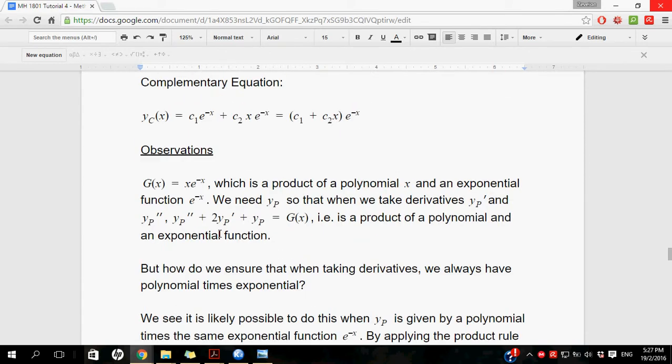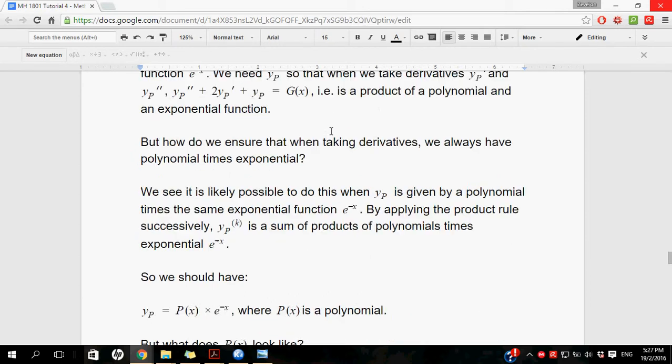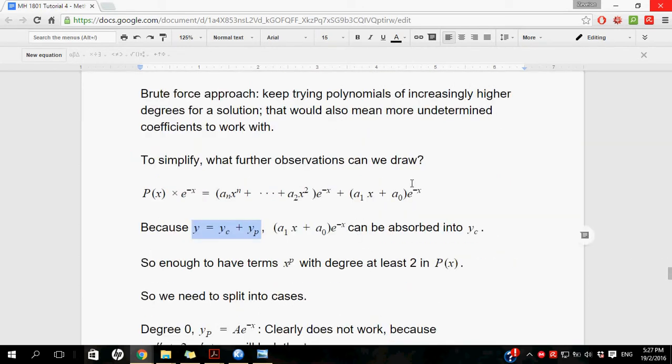Yc happens to be, as we have determined, a linear polynomial times precisely the same exponential function. Now in this particular form, seeing that C1 and C2 are arbitrary, it follows that this bit here, the linear part of p of x times e to the minus x, can be absorbed into yc.